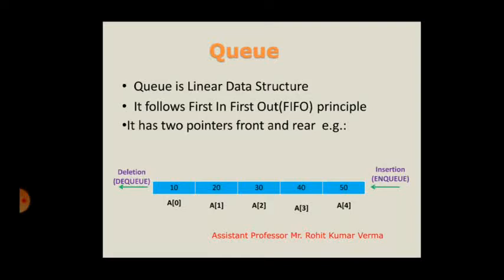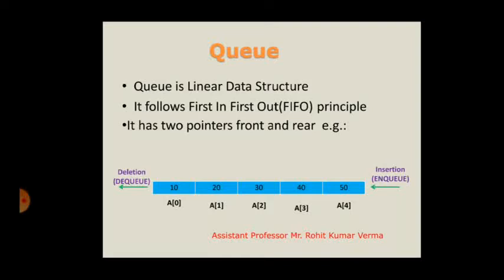So remember that whenever we have to add an item to the queue, we are using NQ operation. Second thing, dear students, whenever we have to remove an item from the queue, we are using DQ operation.